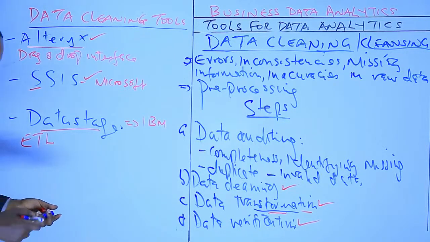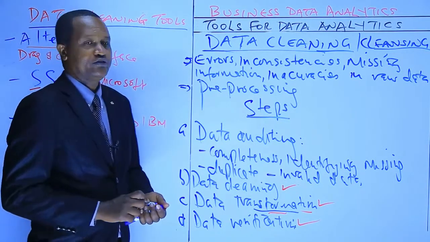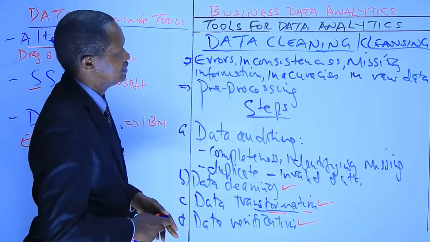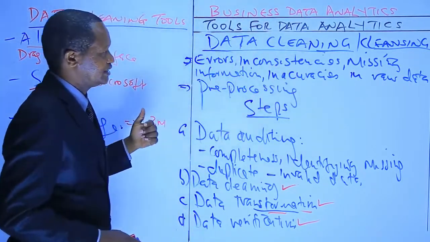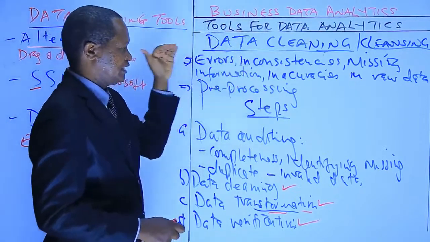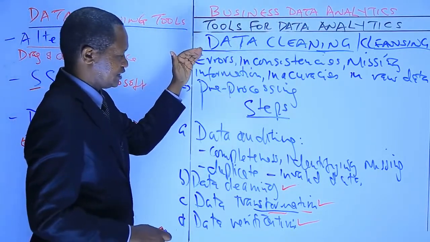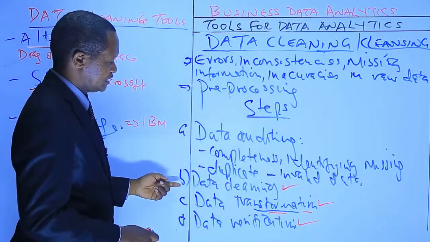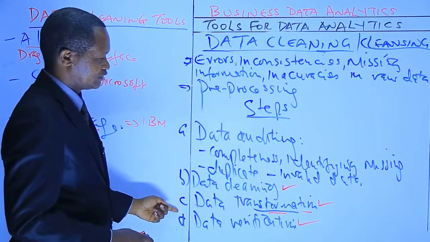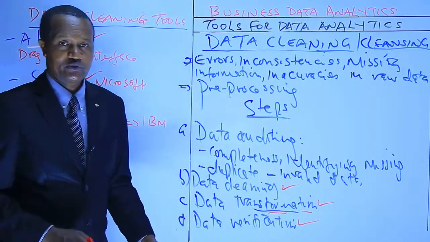So that's all for today, where we've studied data cleaning, which we said is also known as data cleansing. We've defined data cleaning. We've described the steps in data cleaning, which involve data auditing, data cleaning, data transformation, and data verification.